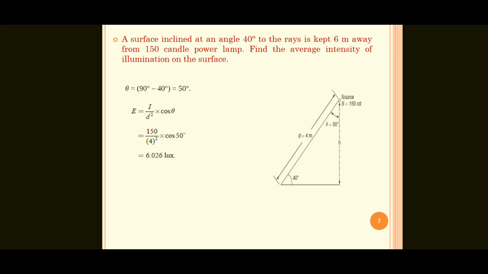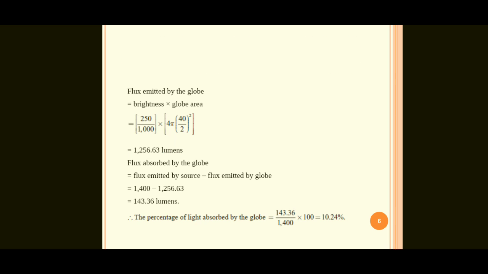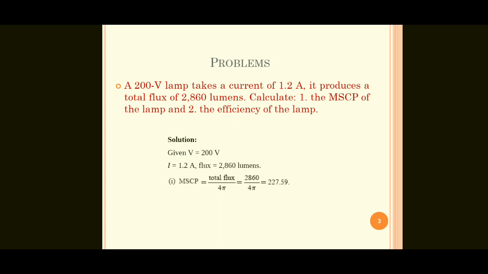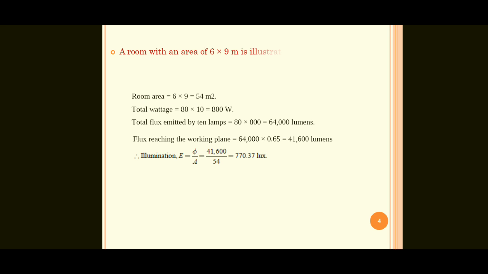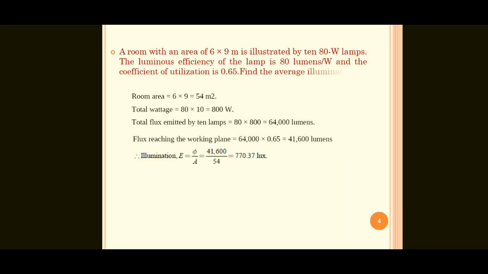So 5 problems are covered. The efficiency of the lamp I will cover in the next class. The mean spherical candle power of the lamp means total flux by 4 pi, and the second one, area and the luminous efficiency are mentioned.